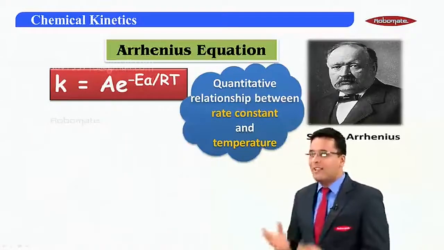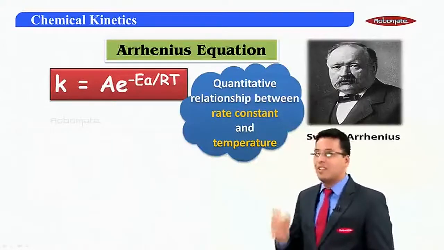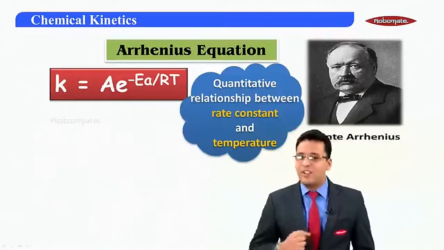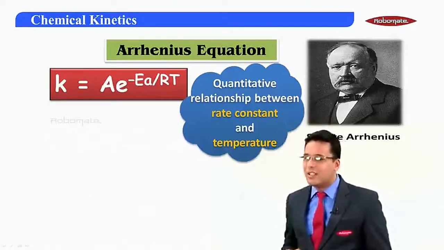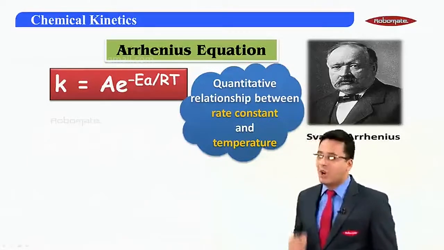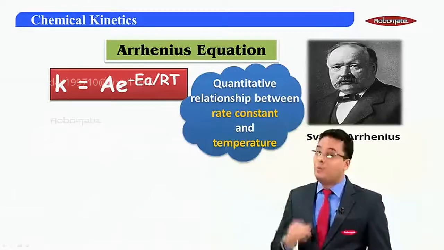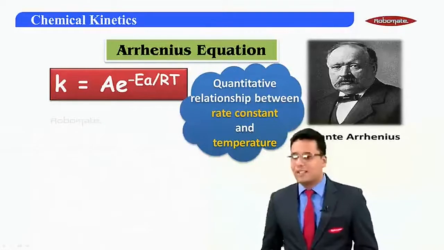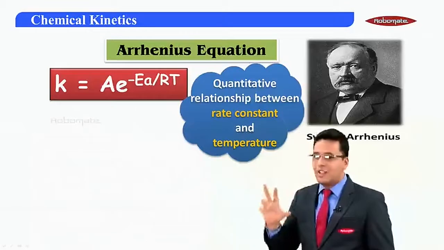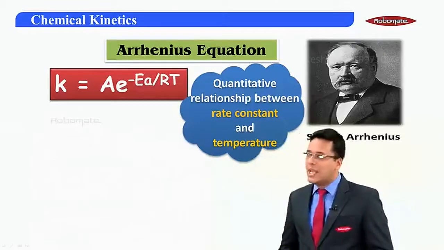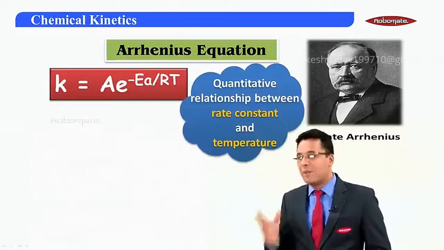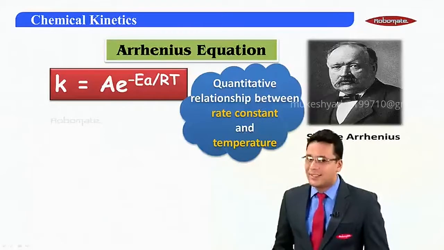It's not a derived equation, it's an observed equation. He observed hundreds of reactions and studied the relation between temperature and rate constant, and that's how he observed this relation. So yes, it's just an observed formula. K is equal to A into e raised to minus EA upon RT.